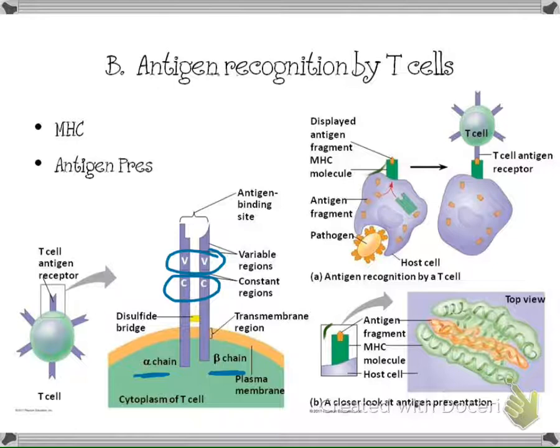The T and B cell antigen receptors are functionally different. I sent you a link to some videos on the McGraw-Hill website, and we're going to watch a few animations tomorrow in class as well. Some of this should make more sense when we see it in action.